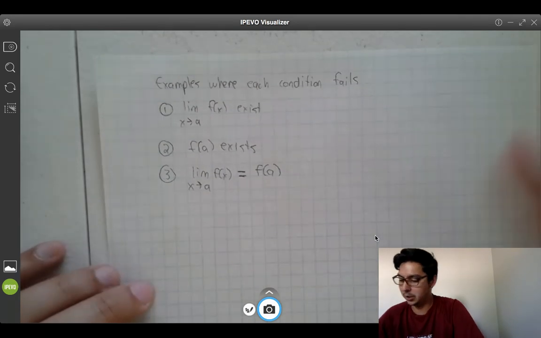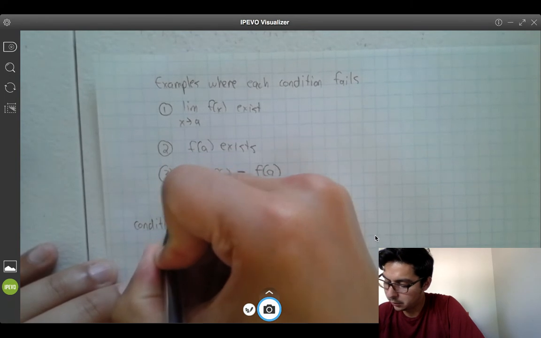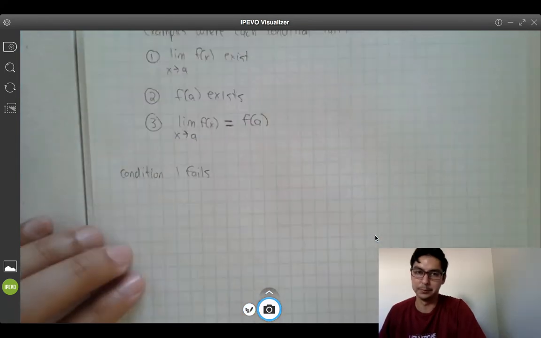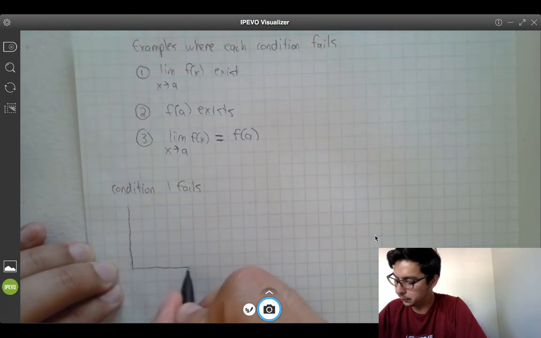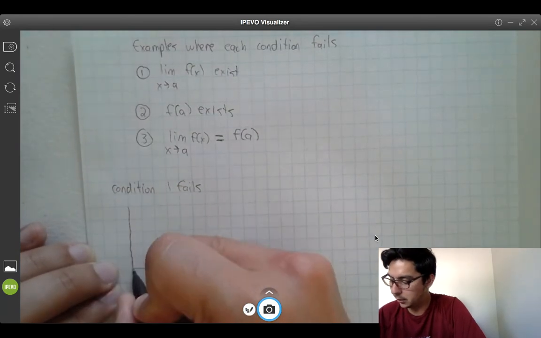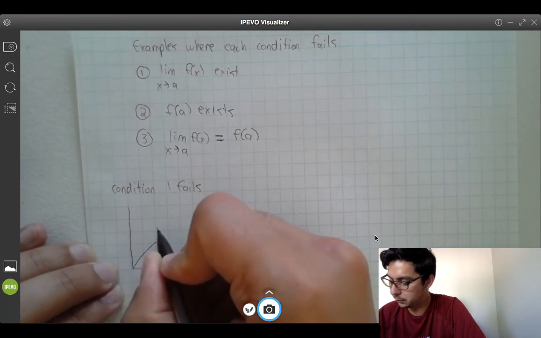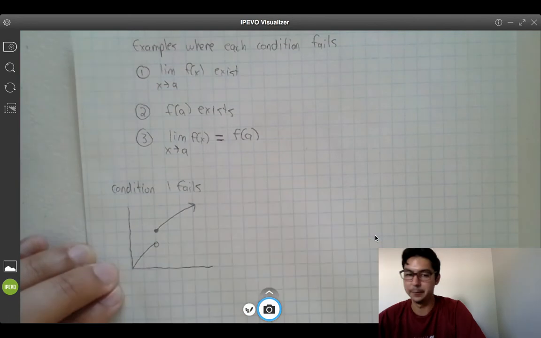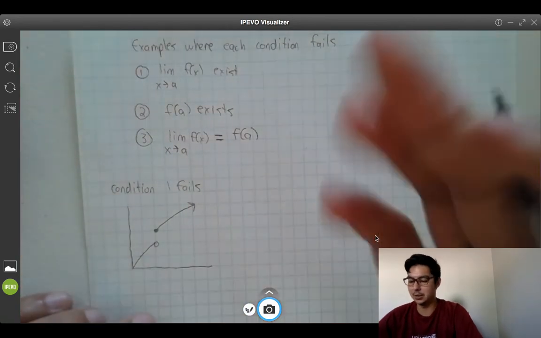So we saw in the back when condition one fails, but here's another one. Condition one fails if we had a graph and the graph did something like this. And you can see right away you had to lift up your pencil, so it's not continuous.